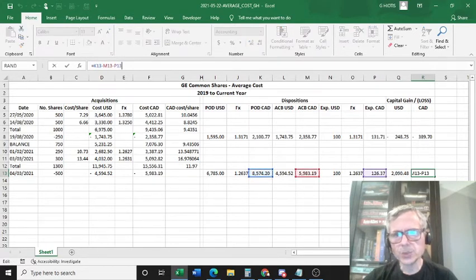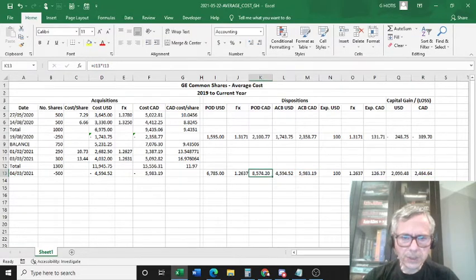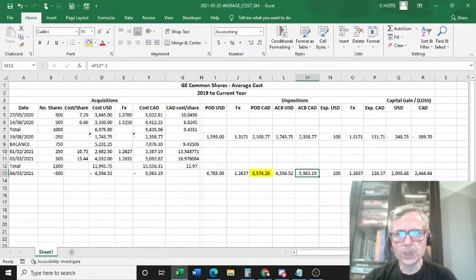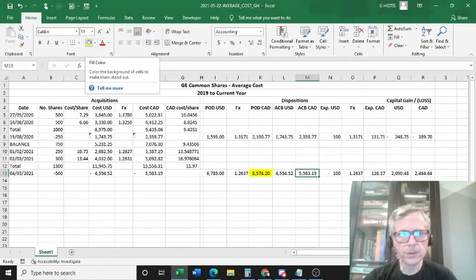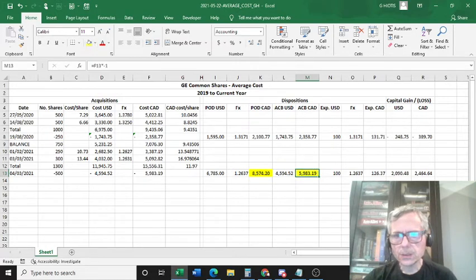Canadian proceeds of disposition minus the Canadian adjusted cost base minus my commissions paid in Canadian dollars. So ultimately this transaction right here is what I will report in UFile or DTMax or my other software.